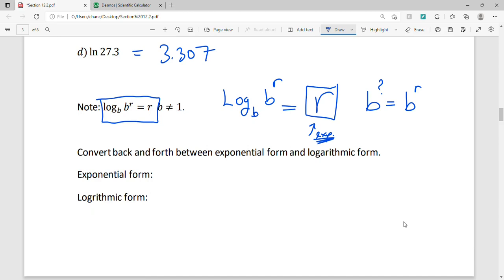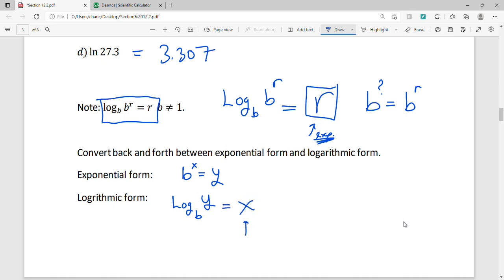Now let's convert back and forth between exponential form and logarithmic form. Here is exponential form. b raised to the x is equal to y. That's exponential form. For logarithmic form, we're saying log base b of y is equal to x.